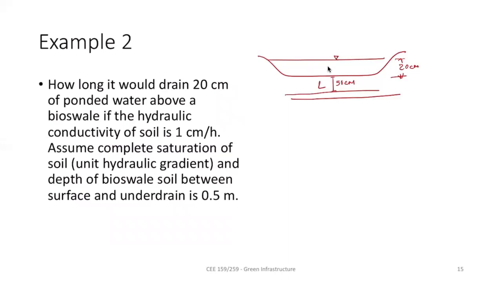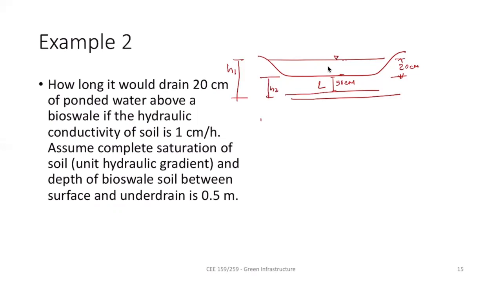And so let's see. You were asked how long it would take to drain the system. So that means you want to see how long the head will drop from here all the way to here. So the initial head is H1, the final head is H2.